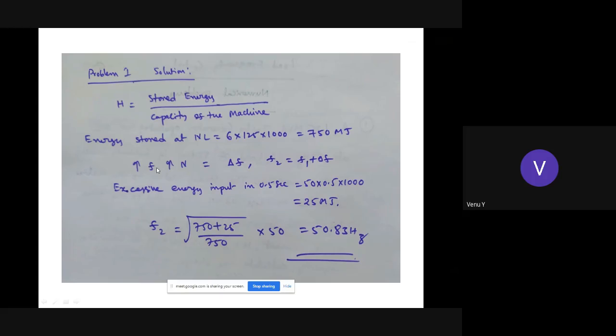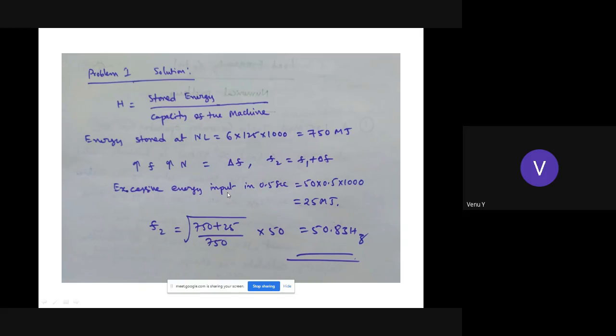When the frequency is increased, speed is also increased, and delta F is the change in frequency. It can be represented in the equation F2 is equal to F1 plus delta F. F2 is the new frequency due to the change in load.